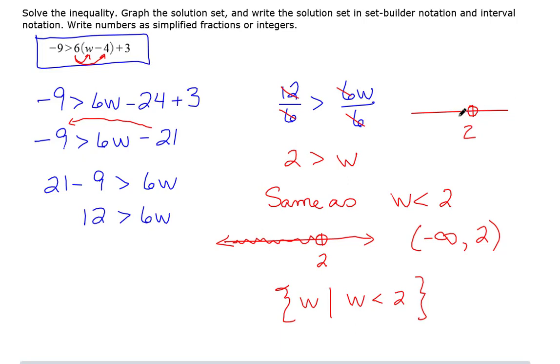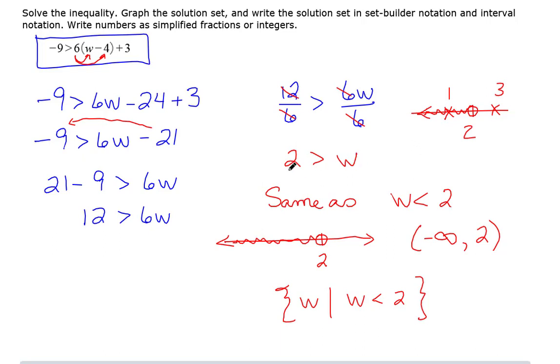Well, if you have a doubt which way to shade, pick a test number. Supposing you picked 3. Is it true that 2 is greater than 3? No. But if you pick 1, is 2 bigger than 1? Yes. And so you'll see it is the stuff to the left.